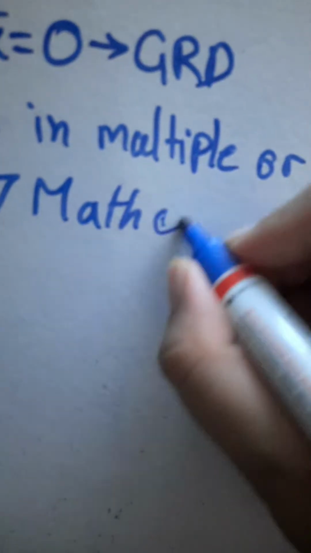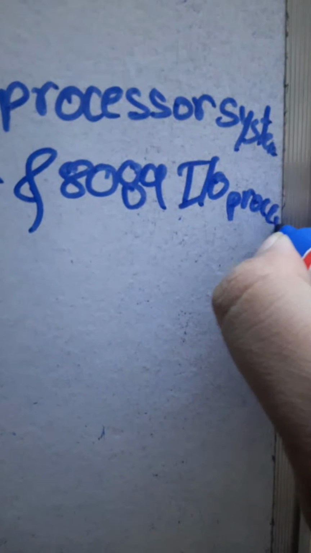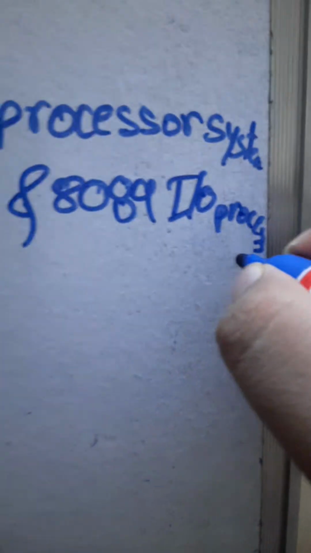It does all the calculations. The math coprocessor helps in calculation operations, and 8089 is the IO processor for IO modes. So there is no space to write this in this line: 8087 math coprocessor and 8089 IO processor.